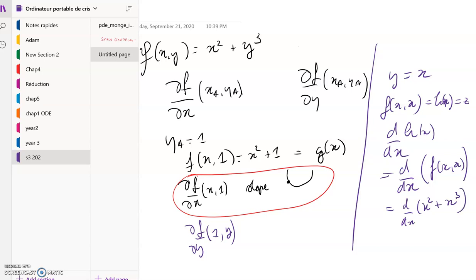If I plug x in for y in the expression of f, this is the expression that I get. If you compute this derivative, of course 2x plus 3x squared, it's going to be very different from the partial derivative of f according to its first variable, which is just 2x.